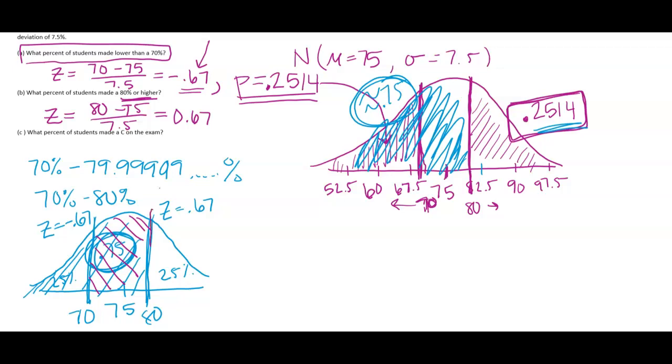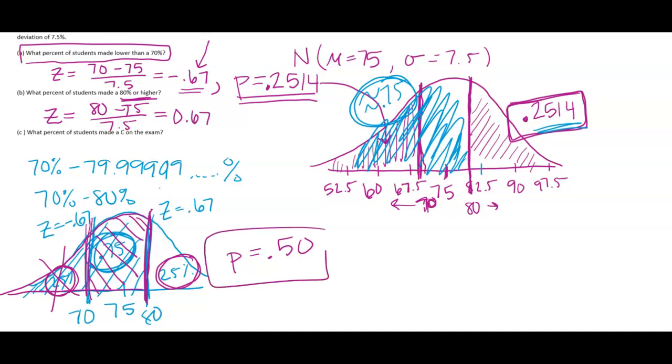Well, there's a couple ways to think of it. If this whole thing is 75 and I don't want 25% of it, then the probability left over has to be 50%. You could also say, well, if this tail is 25% and this tail is 25%, then the stuff between these two numbers must be the other 50%.